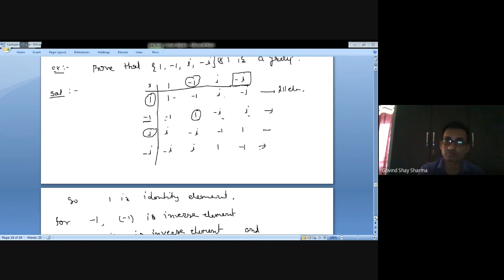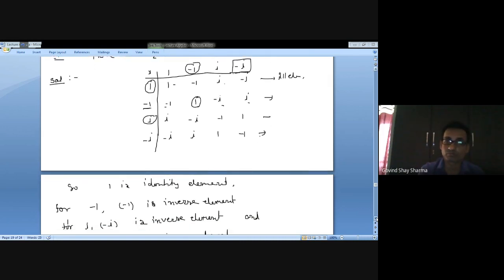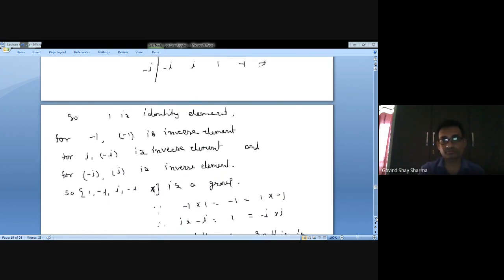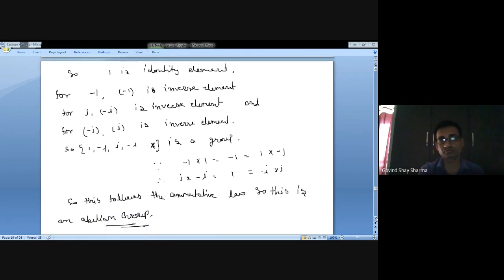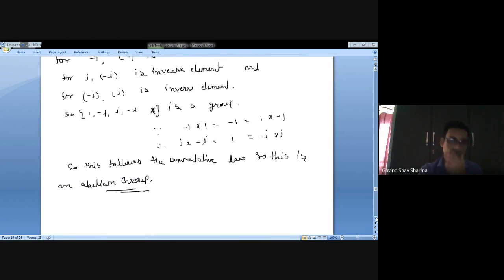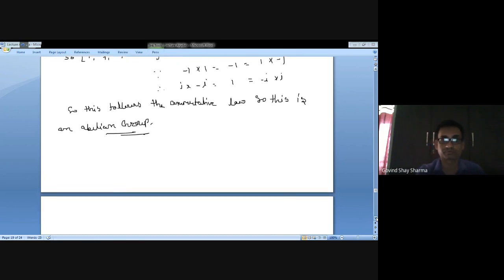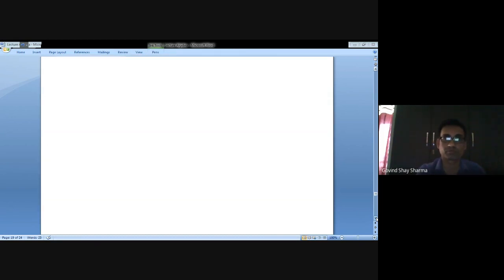Now, to move further, some properties of groups; some terms are there.